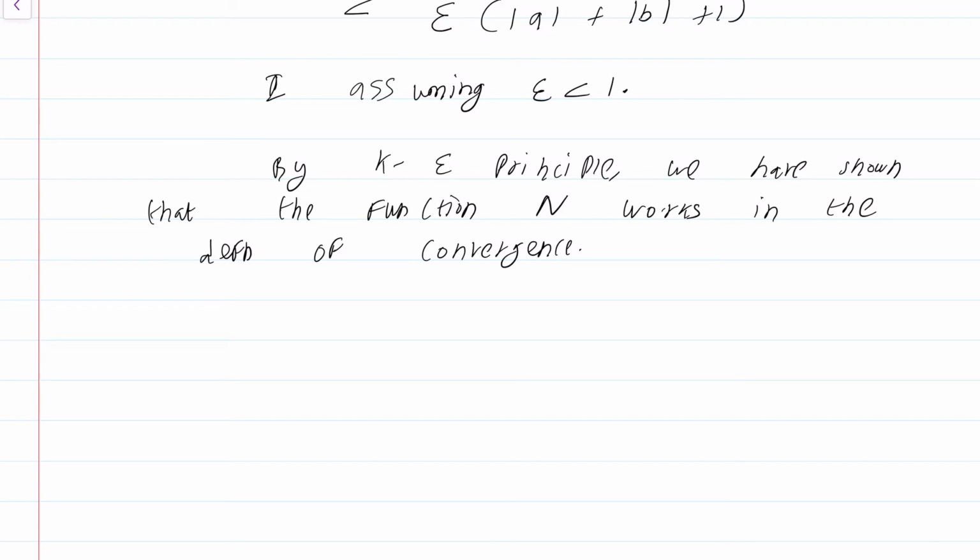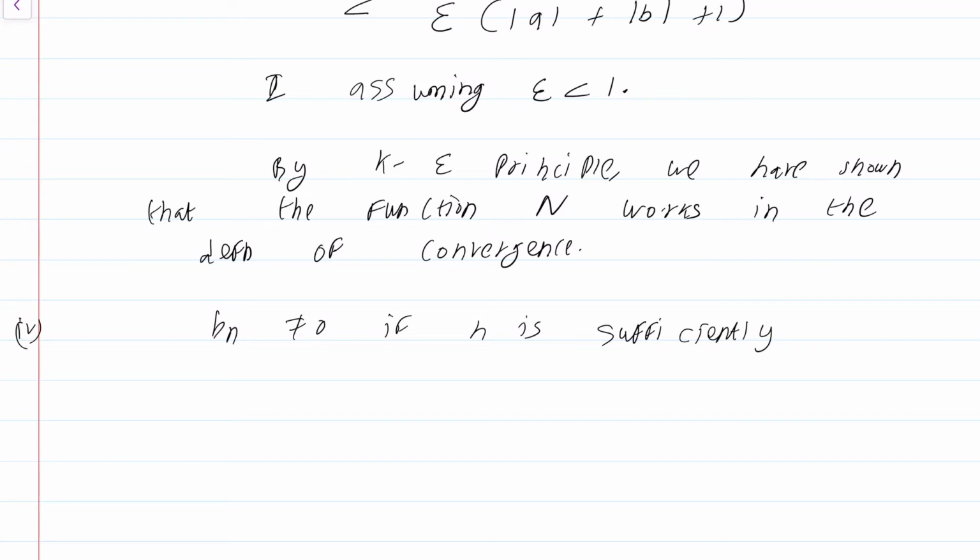Now for the final part, we have to first show that b_n is not 0 if n is sufficiently large.